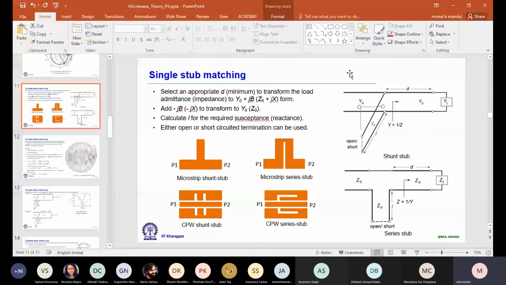Then what is your ZL? If it is matched, then it will be Z naught, right? Let's say in general, if it is not matched, then it will be some impedance transform of ZL, that is the Z in at this point. Okay, yeah, I get it now.